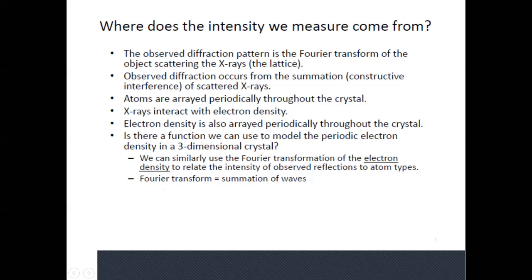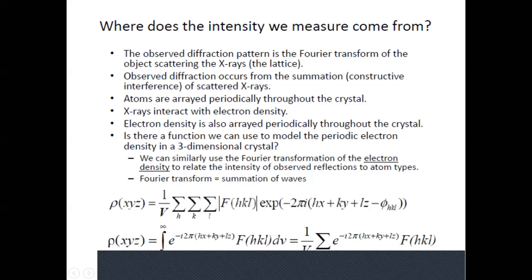So again, Fourier transform is just a summation of all the waves. And this is the equation we can use to determine the electron density. We'll talk more about these symbols in a second, but rho is the Greek symbol for density. So the density at point XYZ is found by this long equation here. You'll notice that the HKL values are shown here.